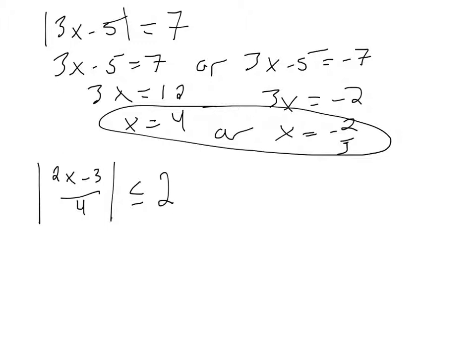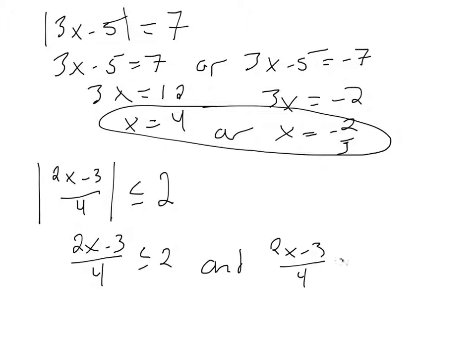The one down here, it's an inequality, so in addition to changing the sign of the number when we break it apart into two statements, we also have to write it as two separate statements. Sorry, we also have to change the direction of the inequality sign. So we'll write 2x minus 3 over 4 is going to be less than or equal to 2. I'm going to use the word and or? And 2x minus 3 over 4 is greater than or equal to negative 2.